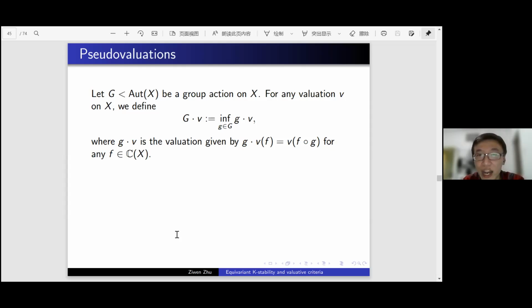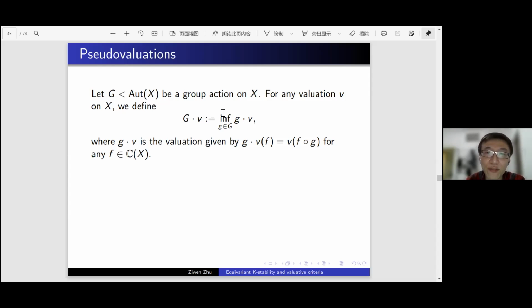Now I want to talk about the equivariant valuative criterion. If we have a group action on X, then we can define a class of pseudo-valuations. First, we take any element small g inside capital G and act on the valuation by composing any function on X with the action of g.